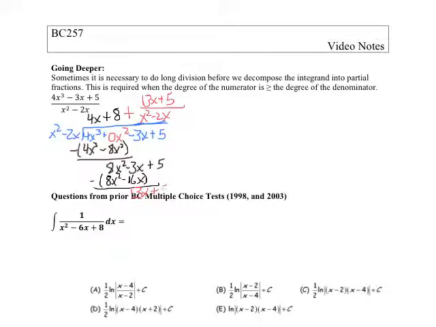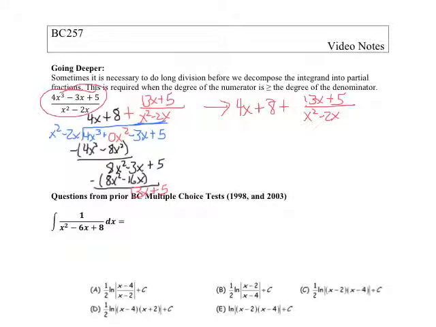13x + 5. And that's the point where we see that x² no longer goes into 13x. So that's our remainder, which means the partial fraction decomposition of this function is going to be 4x + 8 plus the partial fraction decomposition of this fraction.